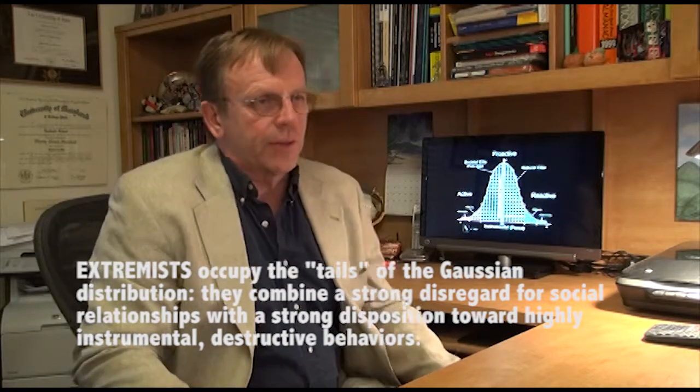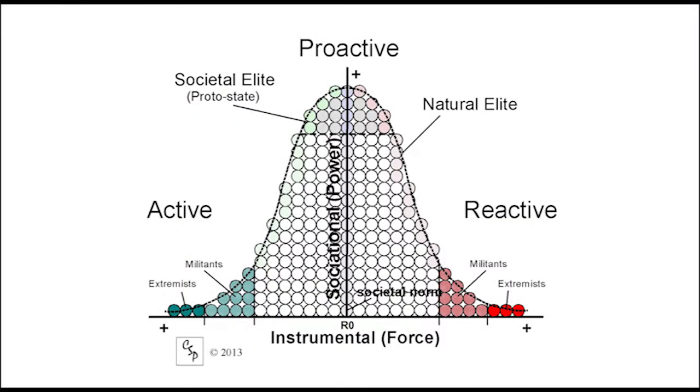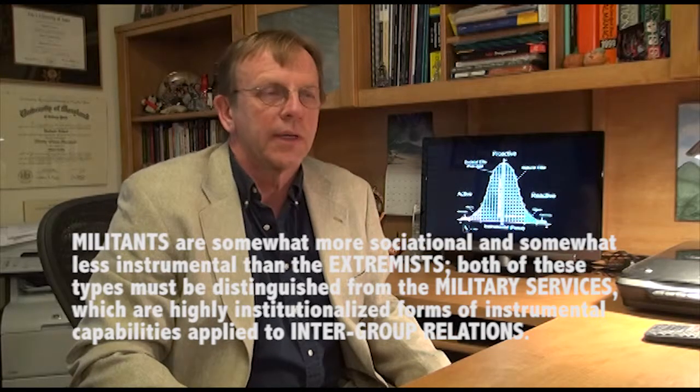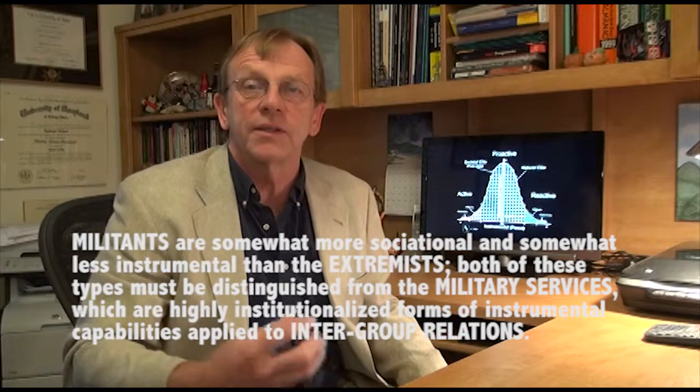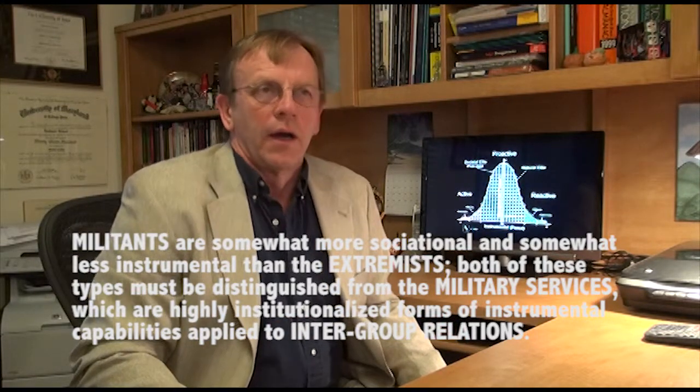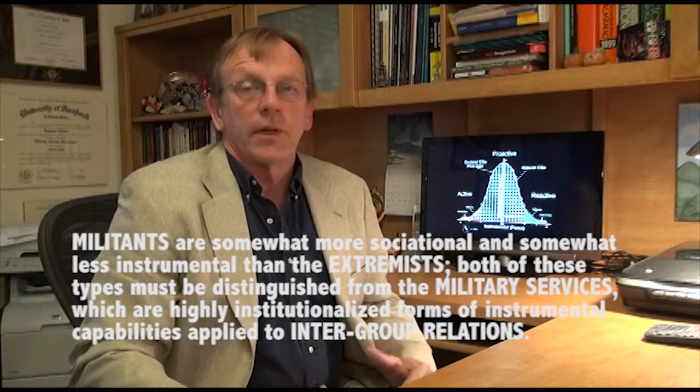And so just to illustrate this, I've colored these in the very tails of the distribution, the extremists, using less coercion and being more conducive to social organization, individuals who we might term militants. They're naturally militant. And this should be distinguished from military activities. Military activities are more instrumental than police.